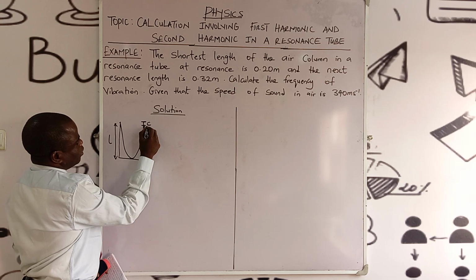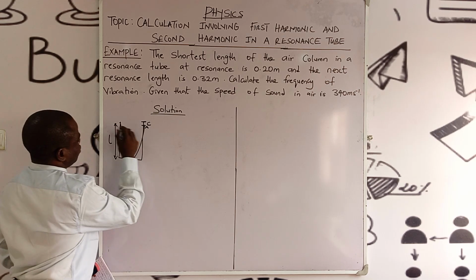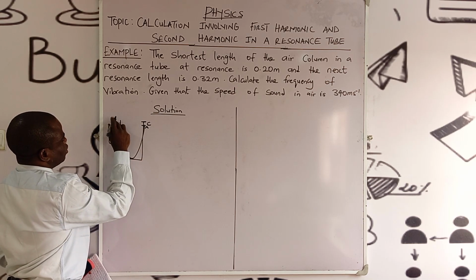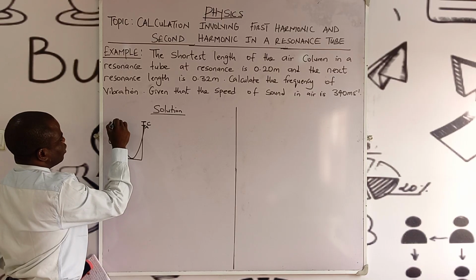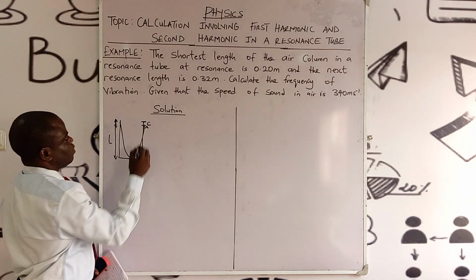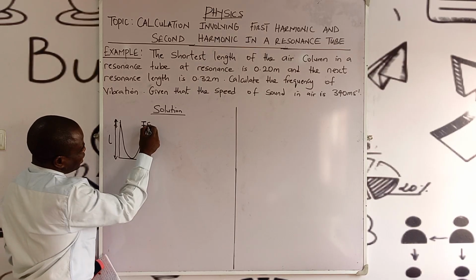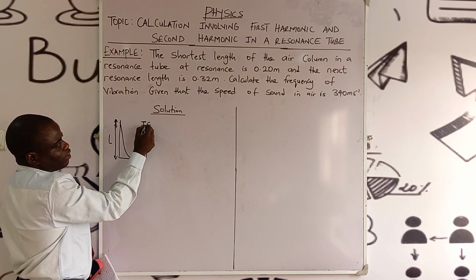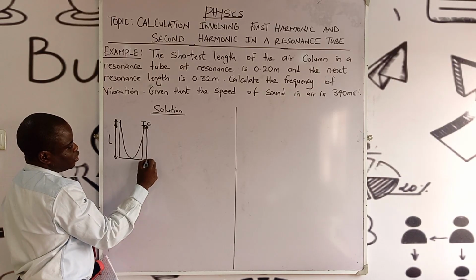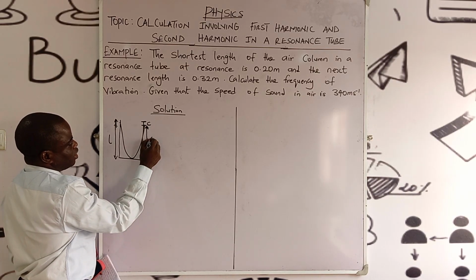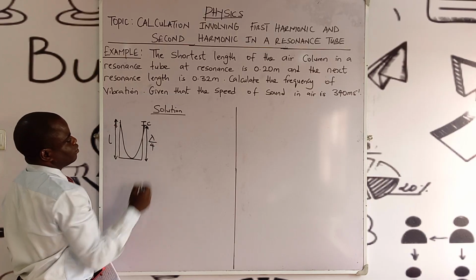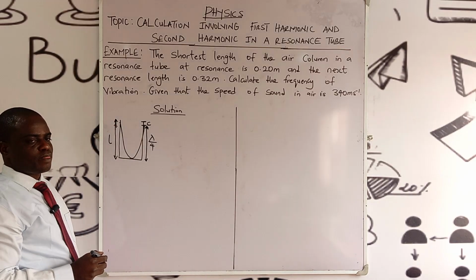From the end correction, you can see the length covers the end correction, the total length of the tube. But we are going to take from the end part of the end correction to the closed end, which is lambda over 4.